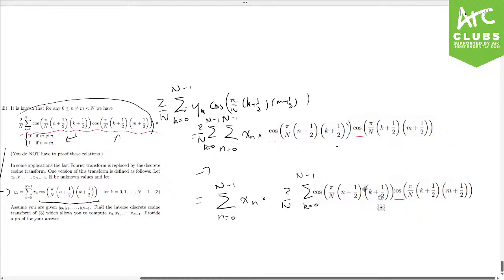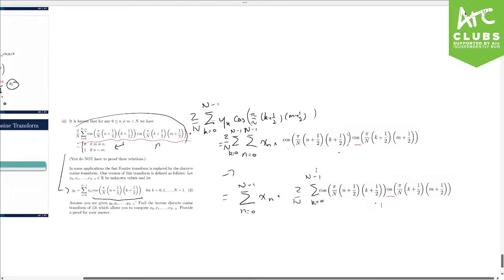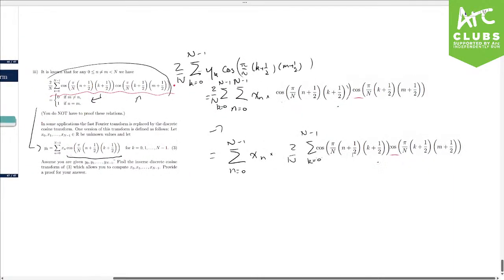So we get this bit, which is equal to 0 if m is not n, and equal to 1 if n is equal to m, if they are equal.